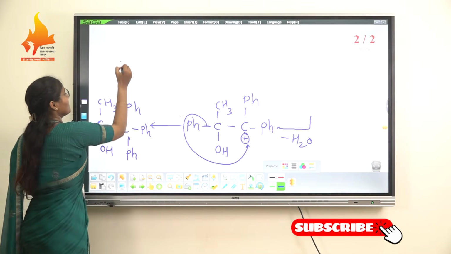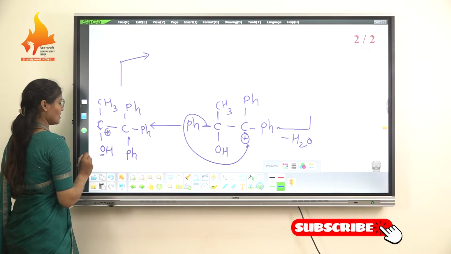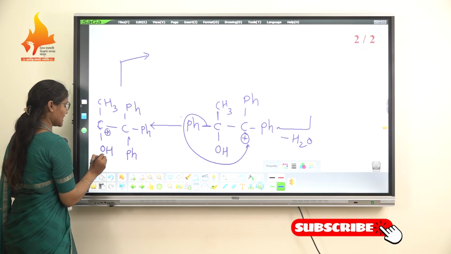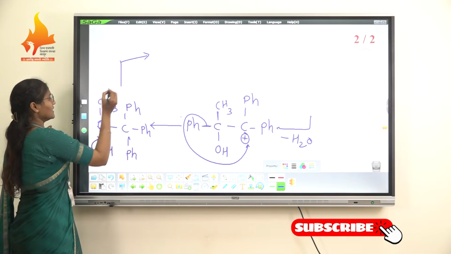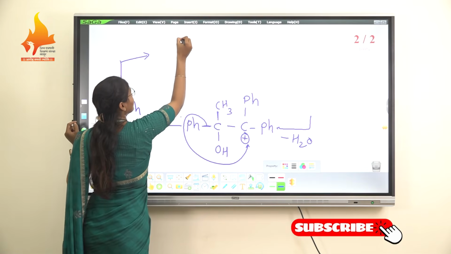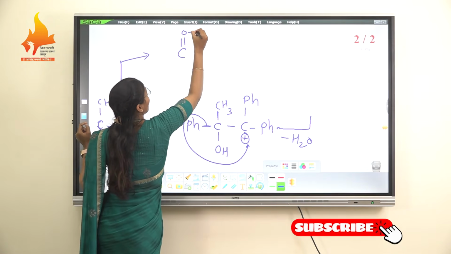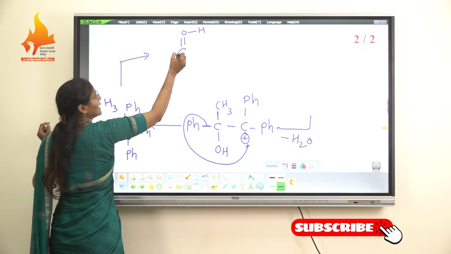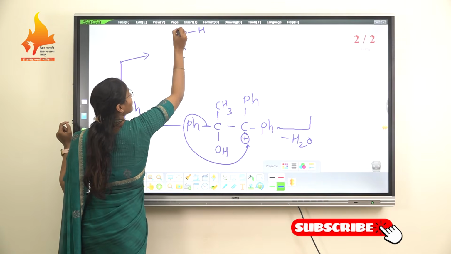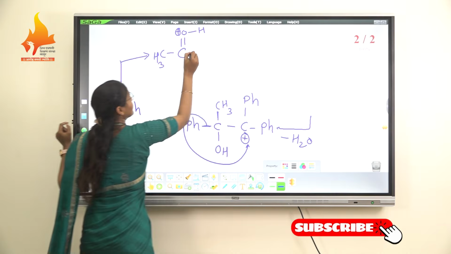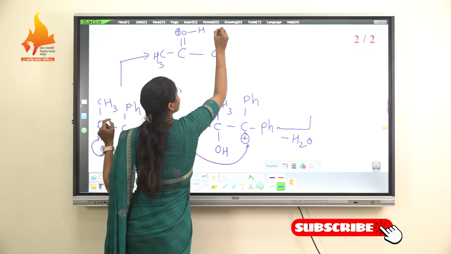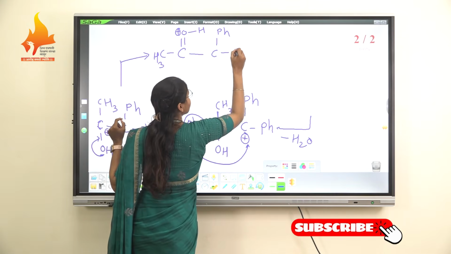After this, the lone pair present on the oxygen transfers its electron into the empty p orbital of the carbocation. So we will get C double bond O, the oxygen transferring its electron to the carbon, so oxygen will get positive charge. Here is the CH3, and here it is attached to the carbon which contains 3 benzene rings.